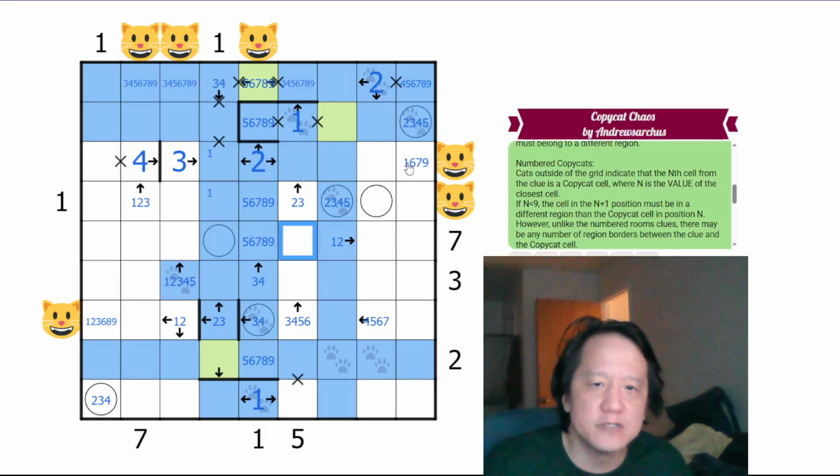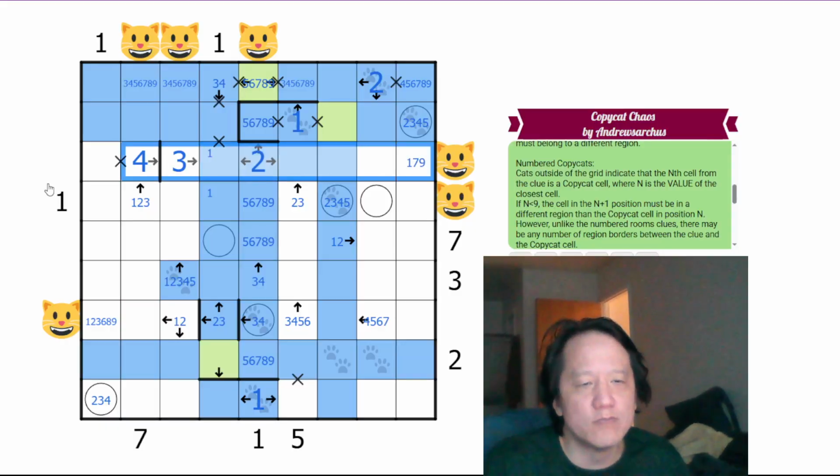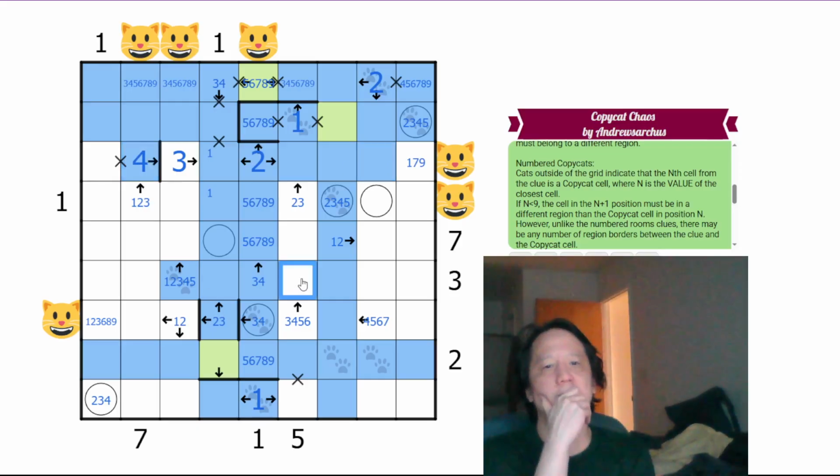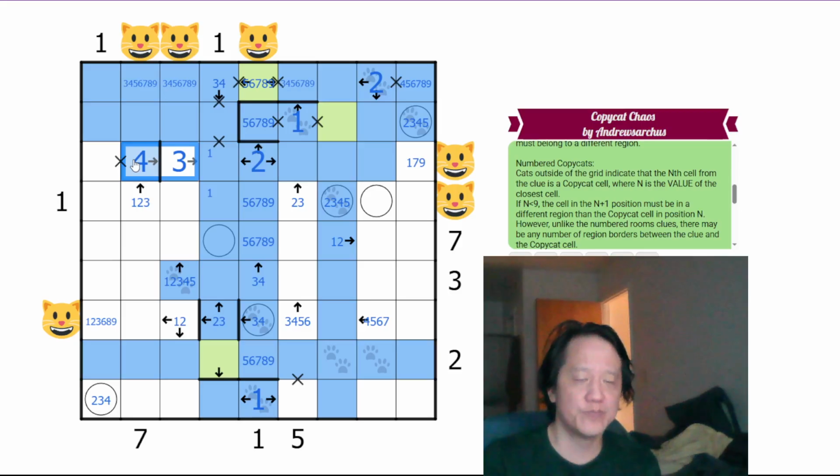This can't be 6 anymore. So the copycat cell in row 3 has to be 1, 7, or 9. No copycat there, no copycat there. Okay. 7's already tailor-made here.